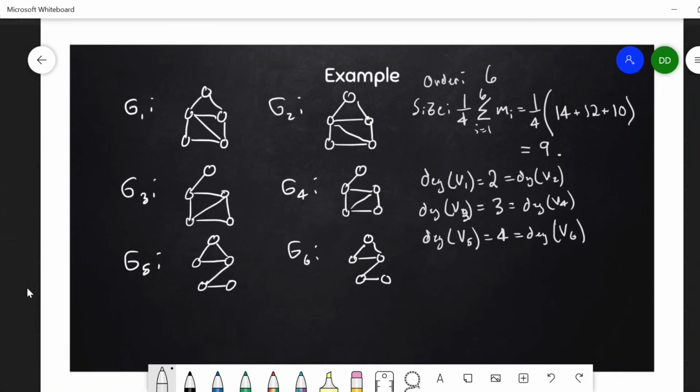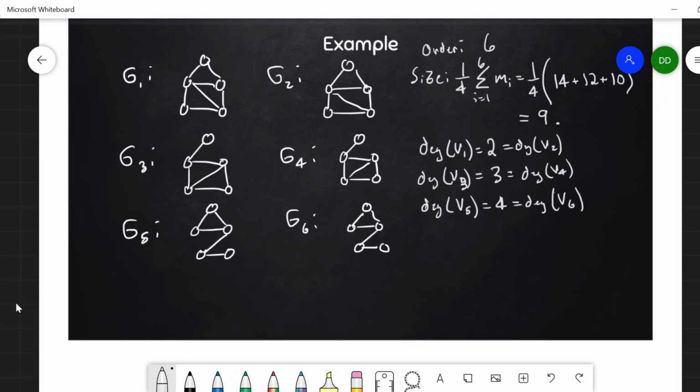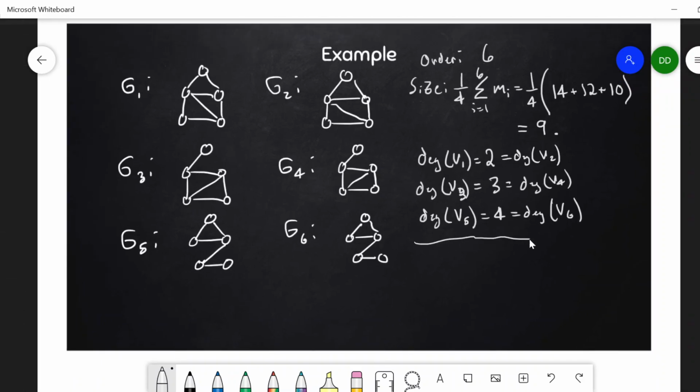Can we now determine G from this? We've recognized these properties. One way I like to do this is to start with my vertices of lowest degree, or on the other hand, the highest degree if that highest degree is close to the order of the graph.